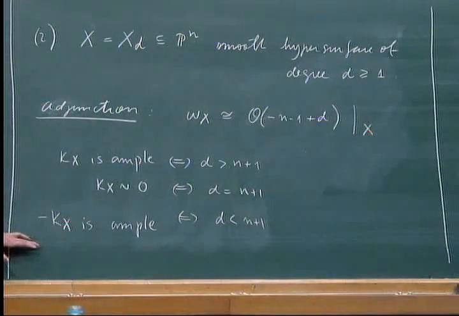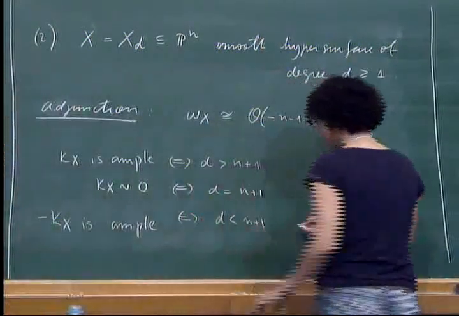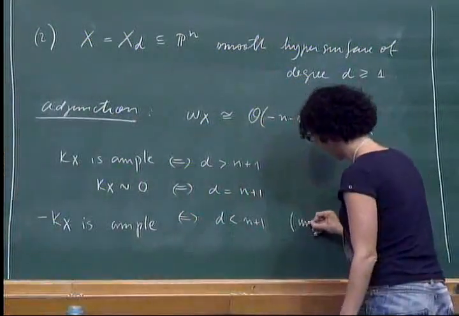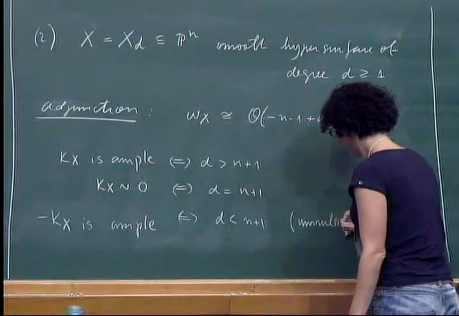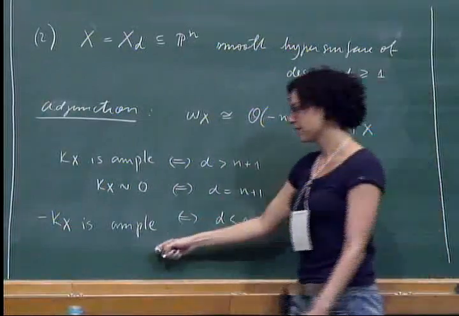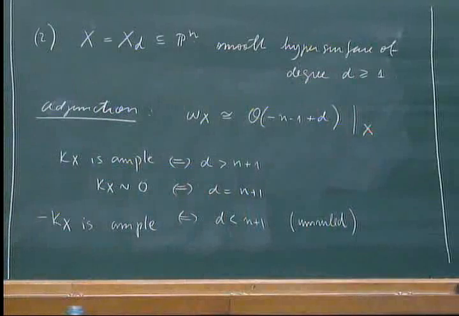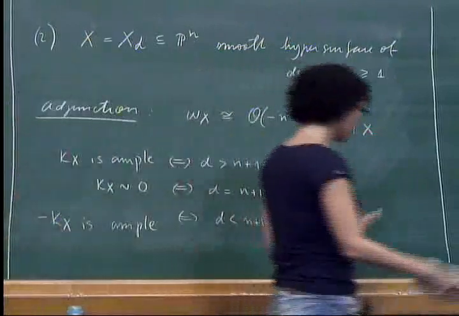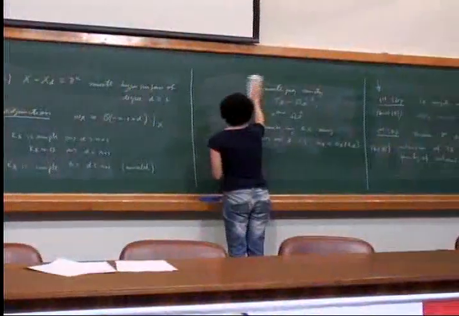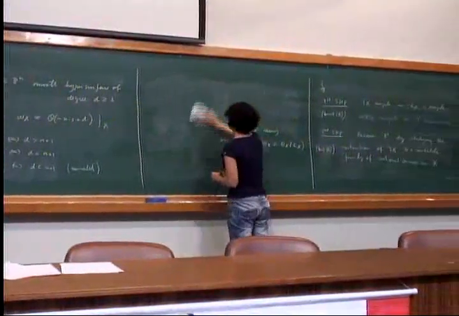So by Mori's result, we know that in this case these hypersurfaces are uniruled. So there is a sort of philosophy here for hypersurfaces: the lower the degree, the closer the hypersurface is to a projective space.